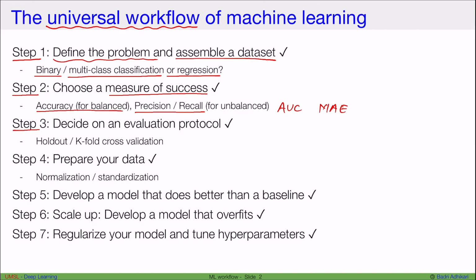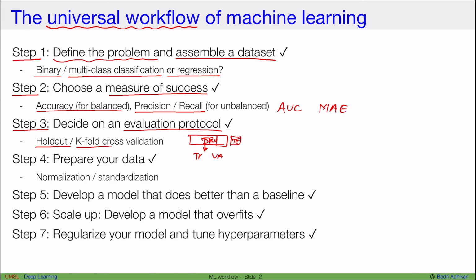The next step, step 3, is to decide on how we are going to do the evaluation. The standard holdout validation usually works well if you have sufficient data, that is, splitting the data into training set and test set, where your training set is further going to be split into development set and test set, and where the development set is further going to be split into training set and validation set.